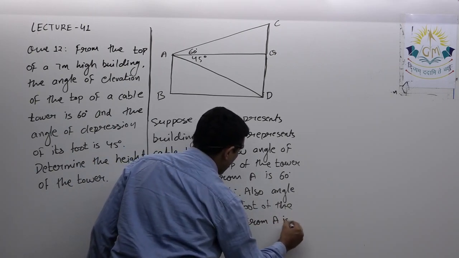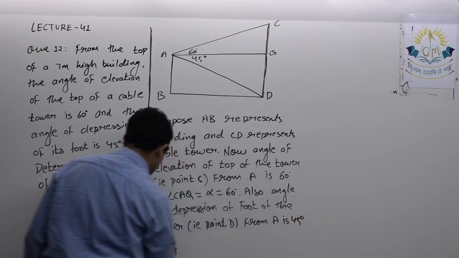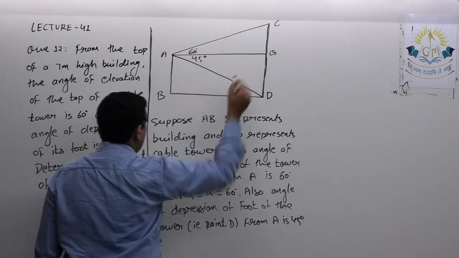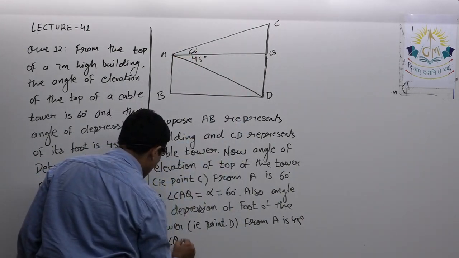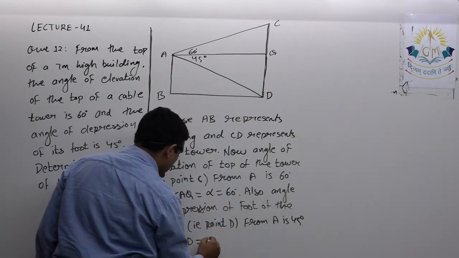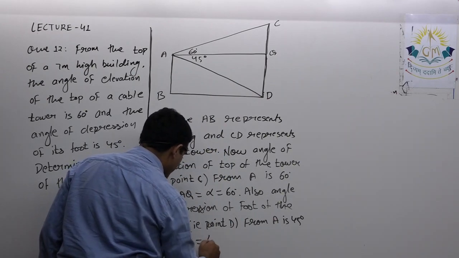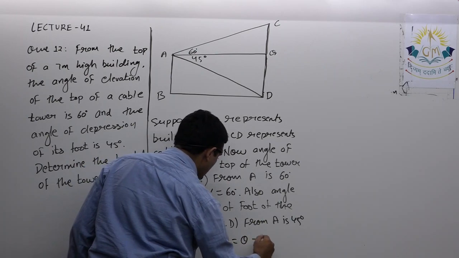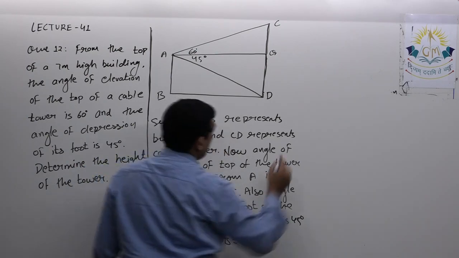That is, I can say angle QAD is equal to angle ADB is equal to theta is equal to 45 degree.